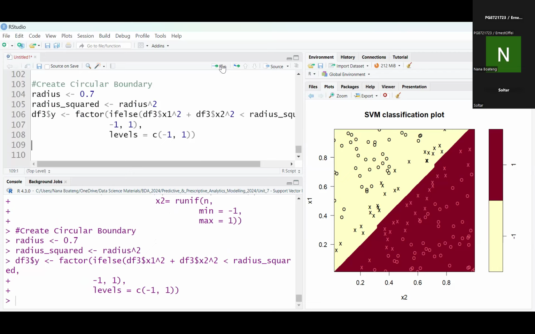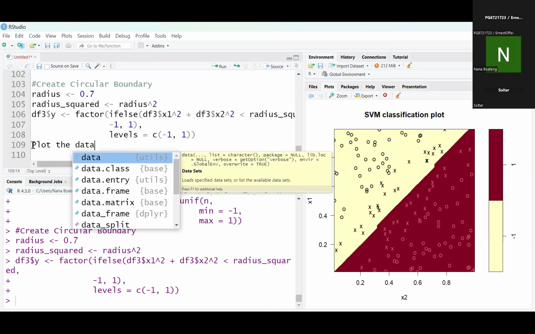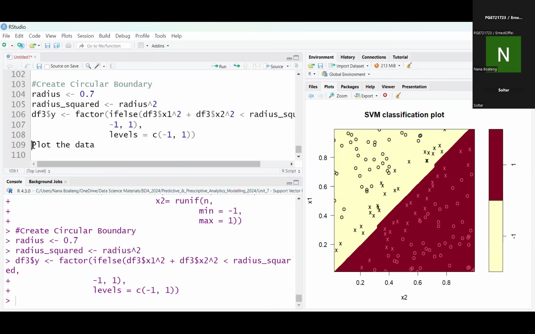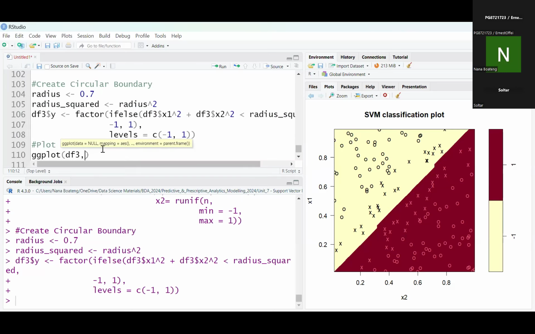So let's plot our data. When we finish this, then we go for a short break, okay? Then come. So let's ggplot df3. Okay, our aesthetics.